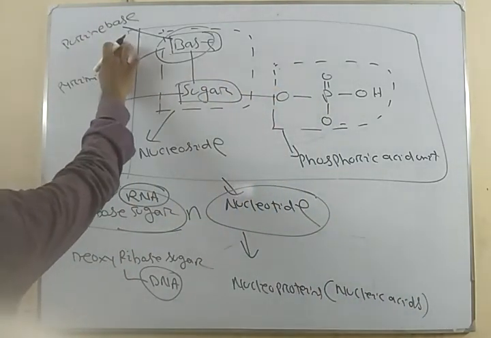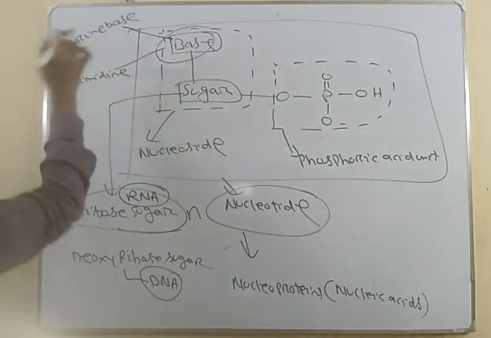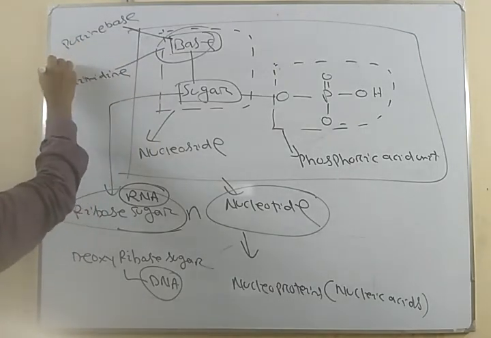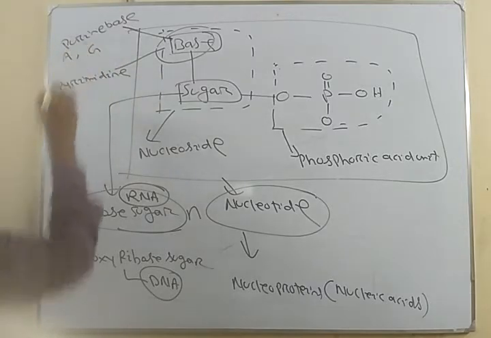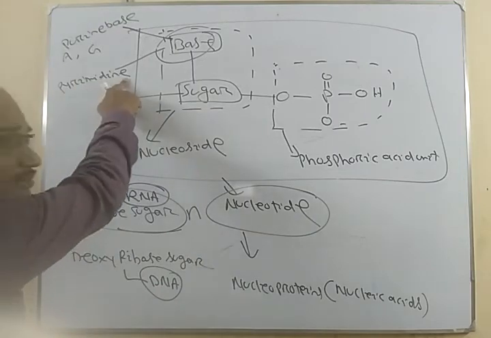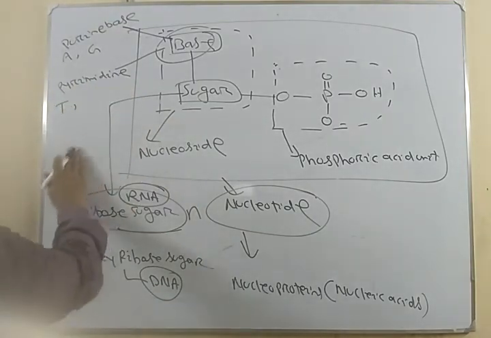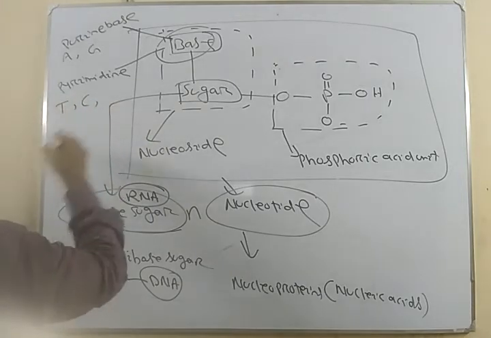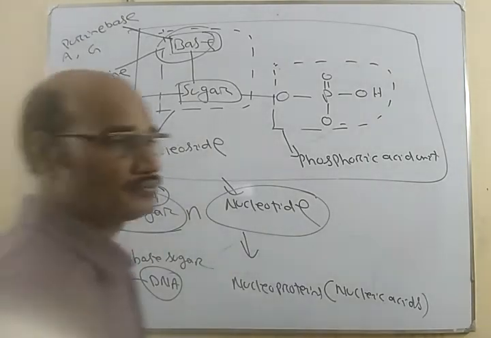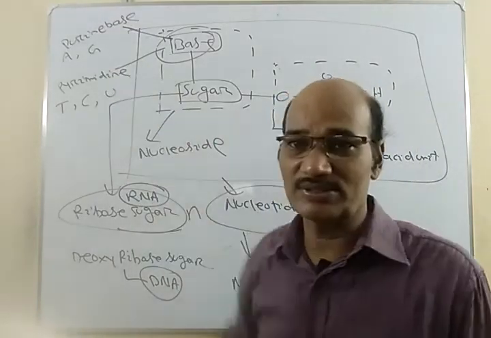Now purine base may be adenine and guanine. And pyrimidine base may be thymine, cytosine, uracil. Okay, so we have 5 different kinds of bases.